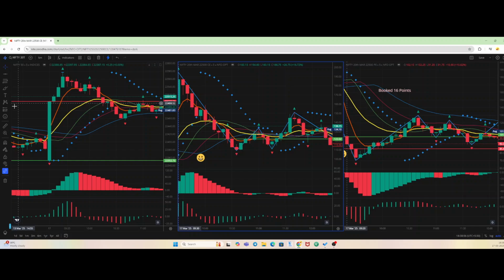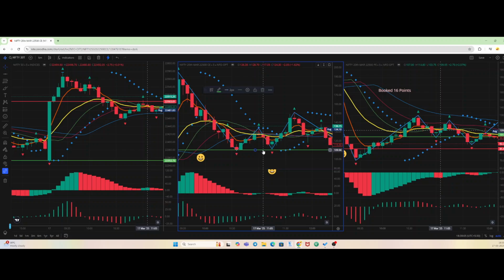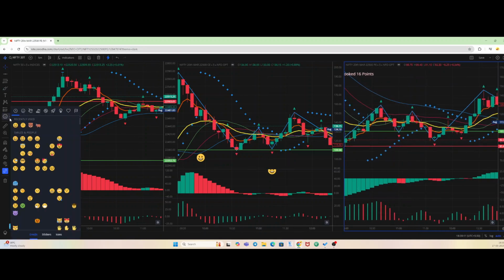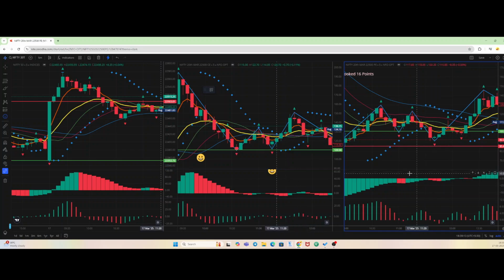Then again there is indicator support in this area, but it was not triggered. We put the stop loss trigger order, but it did not get triggered. In the same way, on the P side there is indicator support here, but this trade did not get triggered.